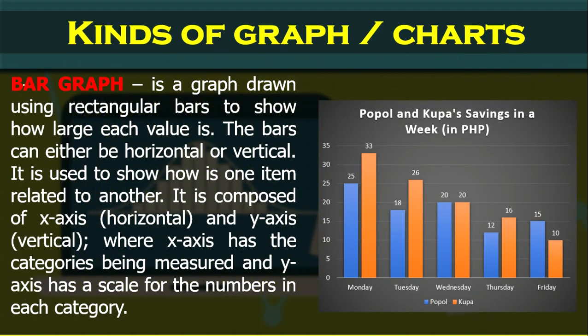And then another example here, we have the difference between the savings of Popol and Kupa from Monday to Friday. As you can see the difference with their savings. So that is the bar graph, a comparison among the distinct categories.